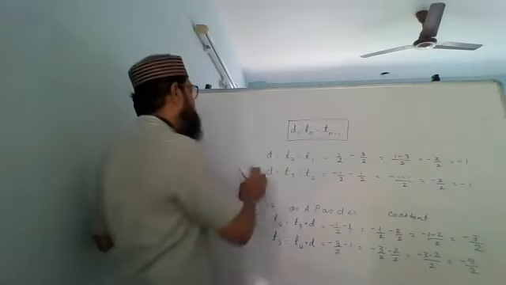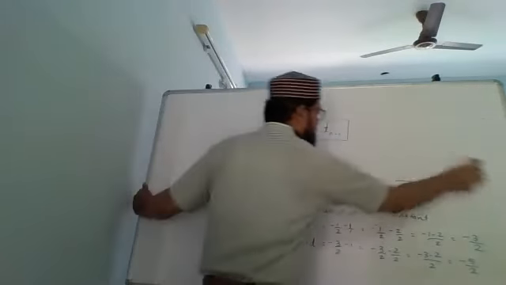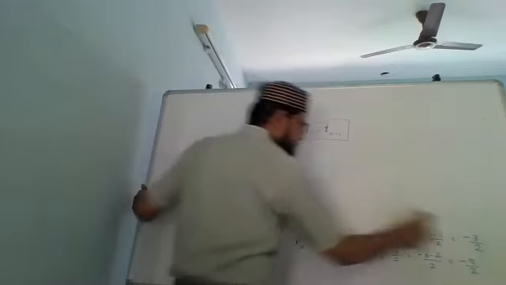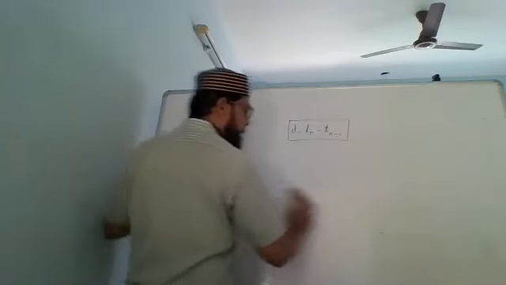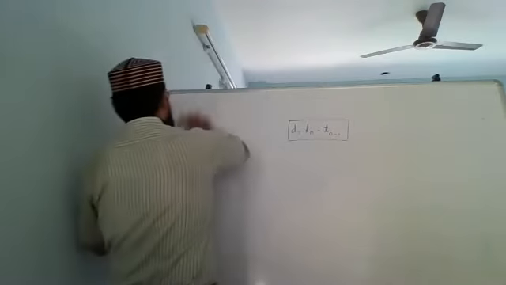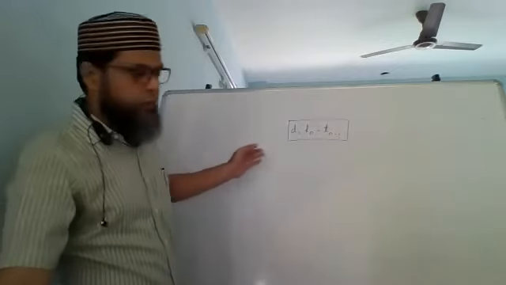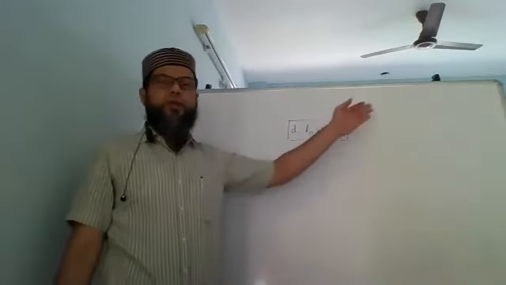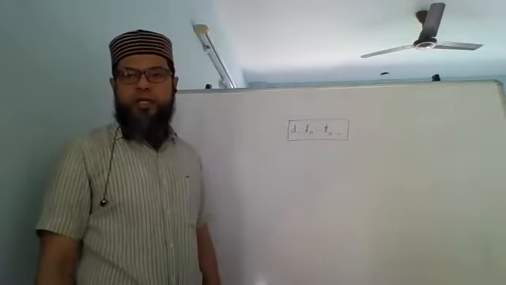Now, one of the most important formulas that we are going to learn today is how to find a term far along the sequence. Supposing you're given a sequence 5, 10, 15, 20, 25, 30, 35, 40, whatever that is given.